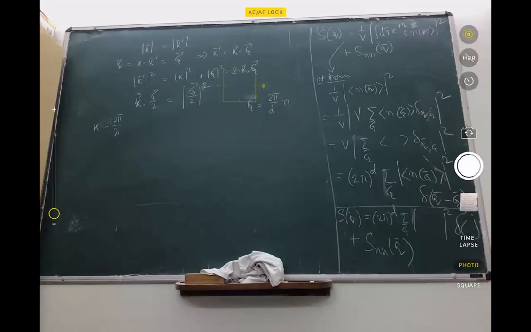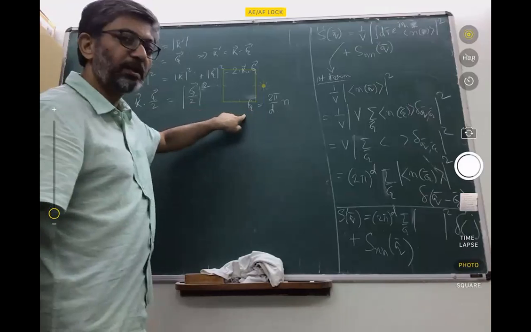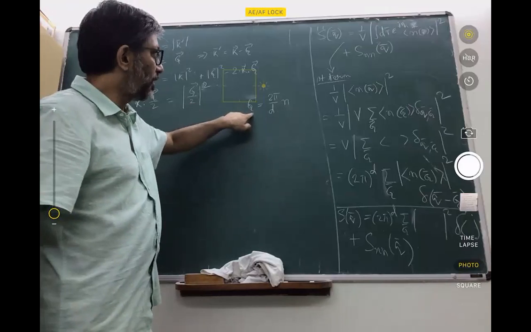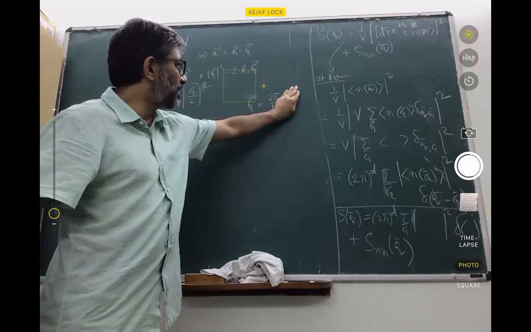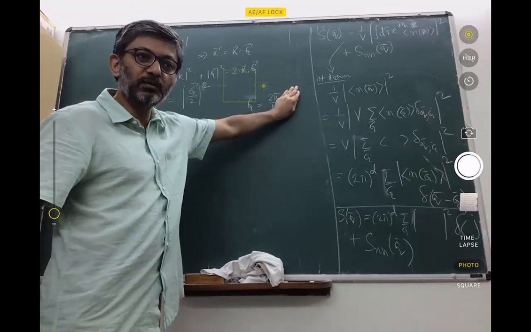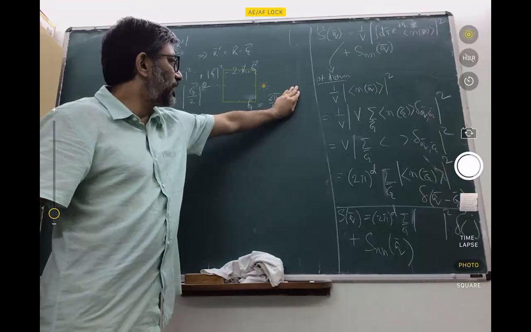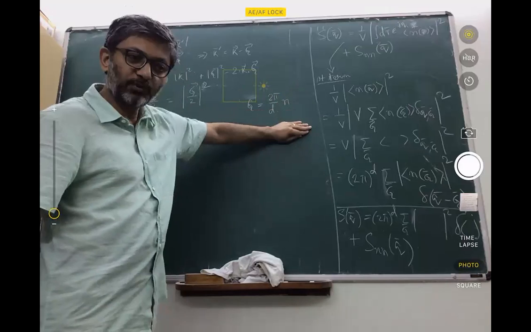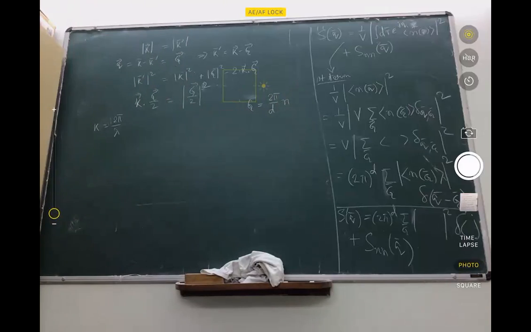D is the separation between lattice planes that are perpendicular to G, and N is some integer. So the shortest reciprocal lattice vector perpendicular to the family of lattice planes would be twice pi over D, and the general reciprocal lattice vector would have the magnitude twice pi over D times N.